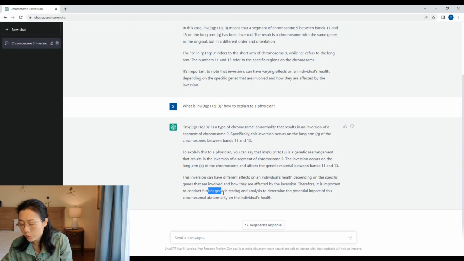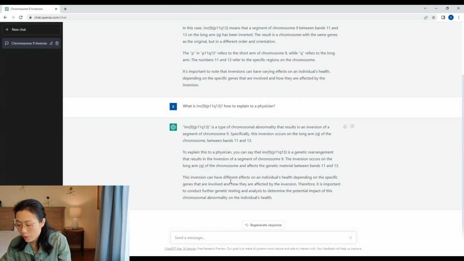If I were to improve this, I would say perhaps consult a genetic counselor first before directly going to genetic testing. But in general, I feel like the answer that is given to a physician is slightly more sophisticated.